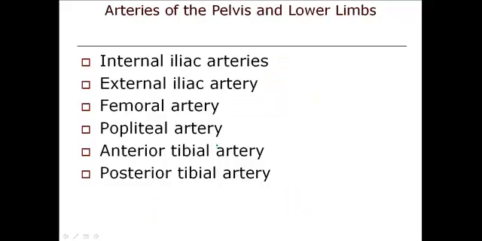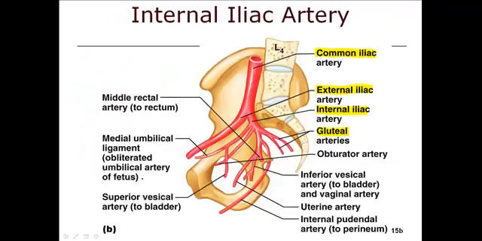So arteries of the pelvis, once we get to the internal iliacs. Here's your aorta. Here are the left and right common iliac arteries. Those will go into internal and external iliacs, and then the external iliac will go into the femoral, the popliteal, the anterior and posterior tibial. This is not too difficult.